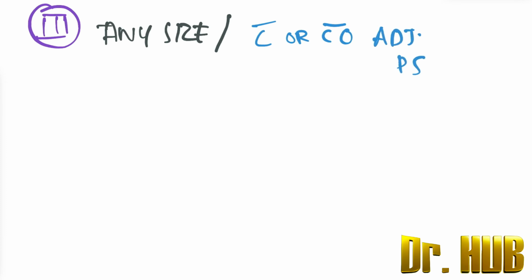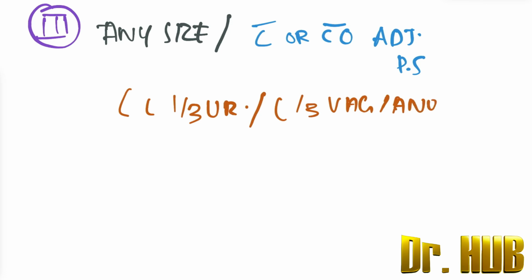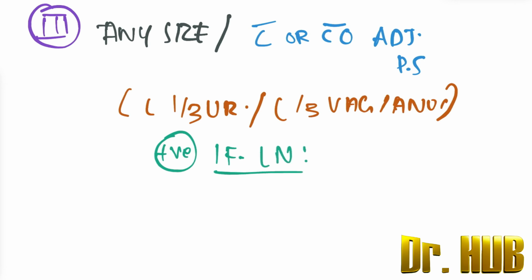Adjacent perineal structures, as we discussed, are the lower 1/3 of the urethra, the lower 1/3 of the vagina and the anus. This is with positive inguinofemoral lymph nodes, which we write as IFLN. In stage 2 there were negative nodes; here it is going to be positive.